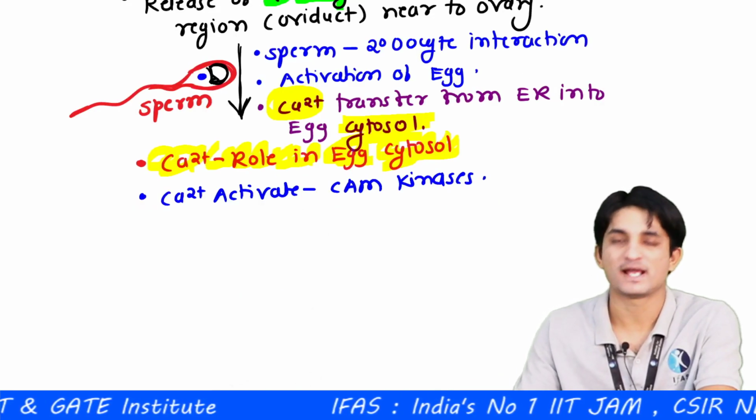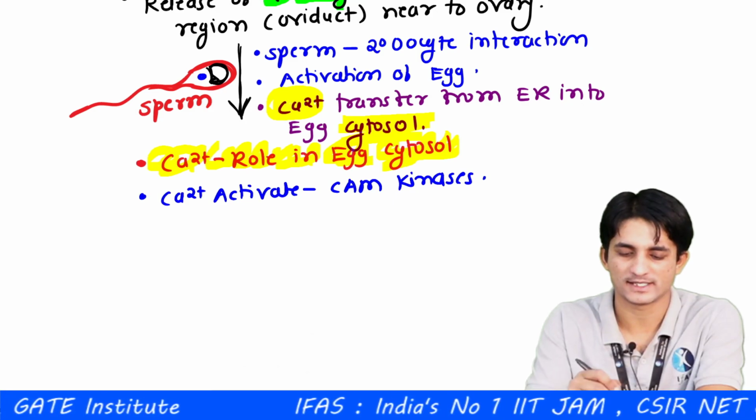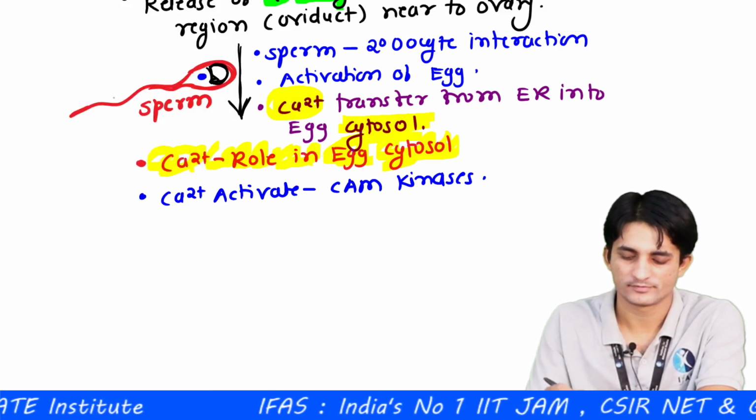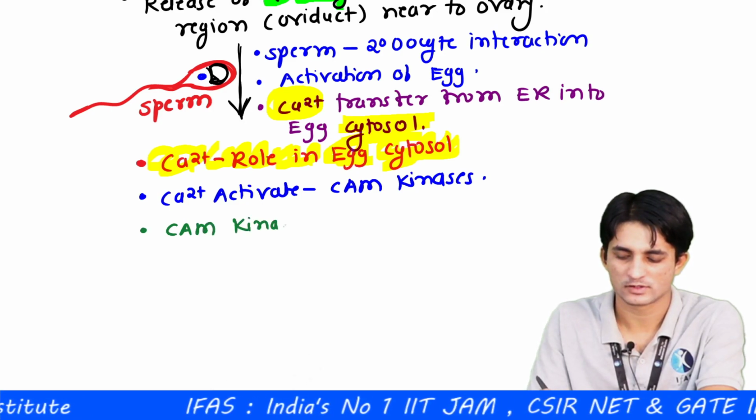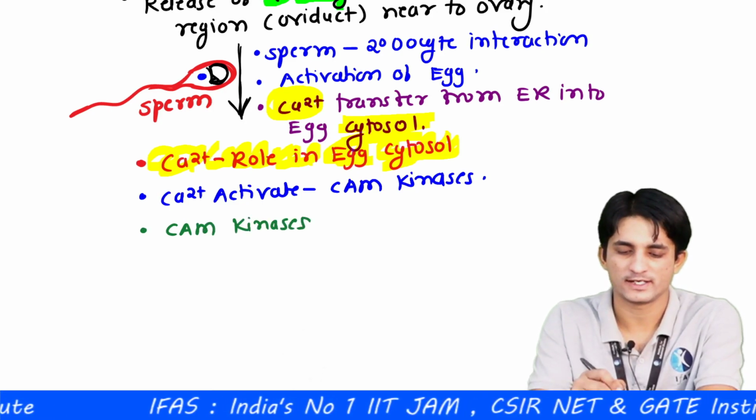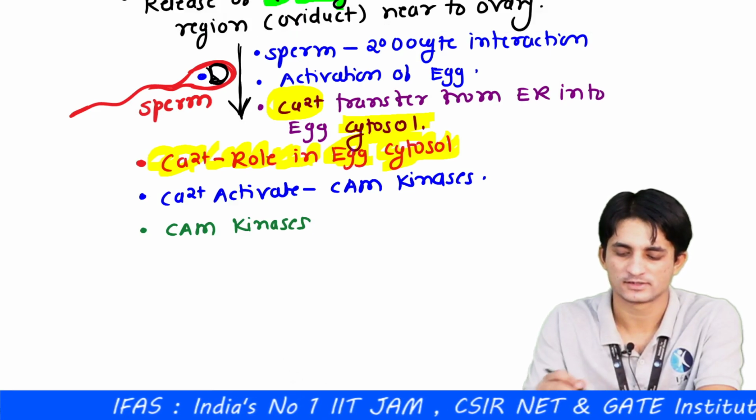Now as CAM kinases are active, these CAM kinases will inhibit the MOS.